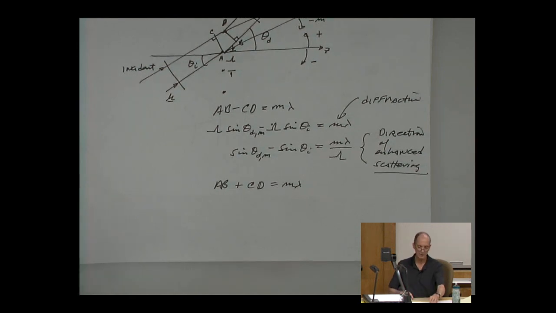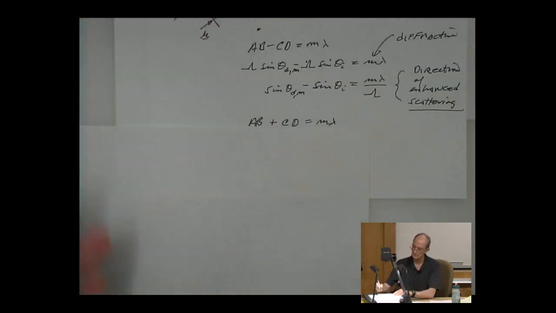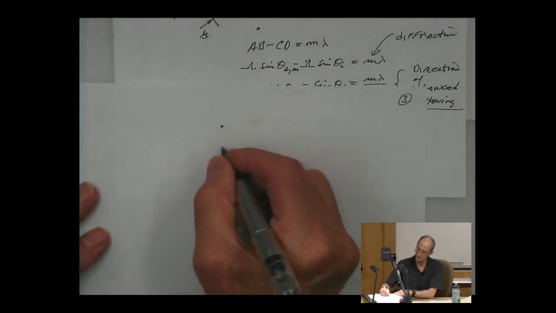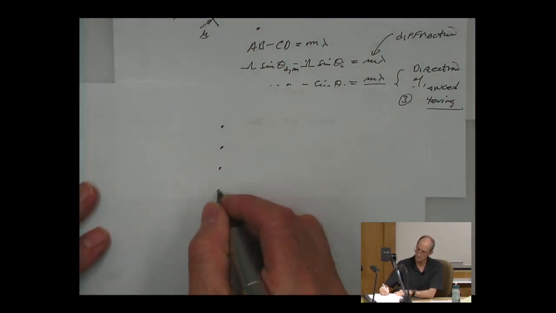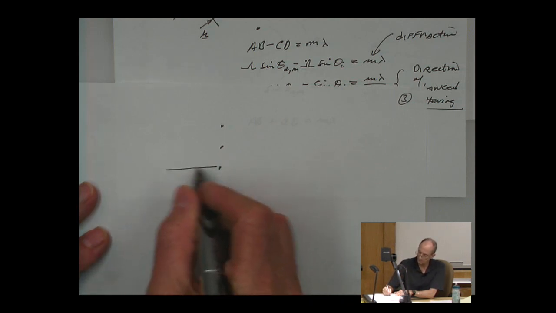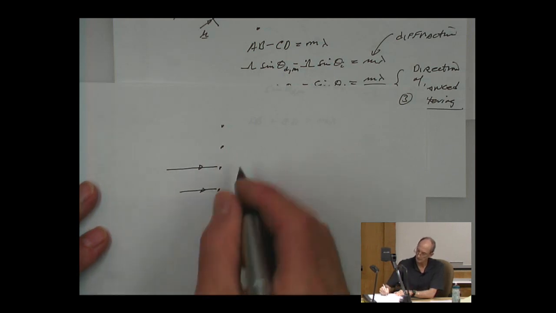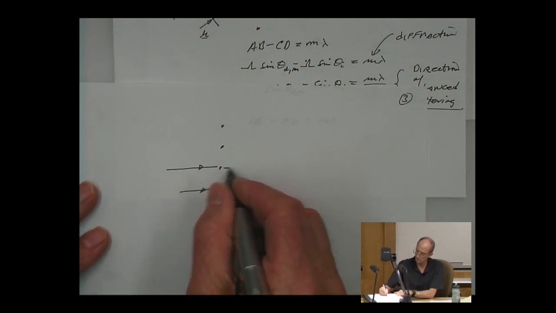So if we were to take this grating and illuminate it, here we have our set of point scatterers, and we illuminate it with a normally incident plane wave, just to see these orders a little more clearly.